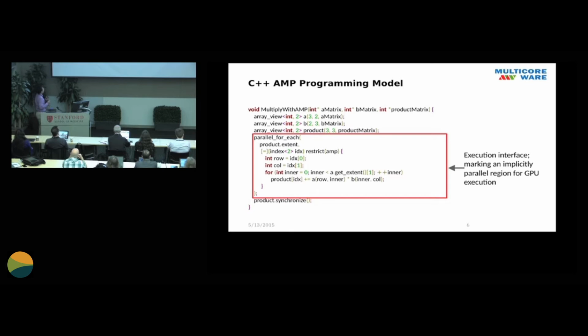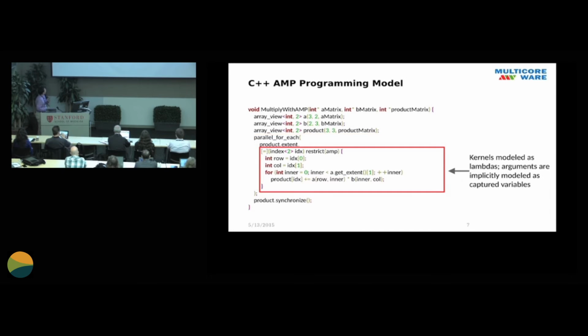In C++ AMP, there's an interface called parallel_for_each, which marks a region where the code inside will be executed in parallel on the GPU. The code actually executed on the GPU is modeled as a C++11 lambda function. In OpenCL, when we write kernel functions, we have to specify the kernel arguments.